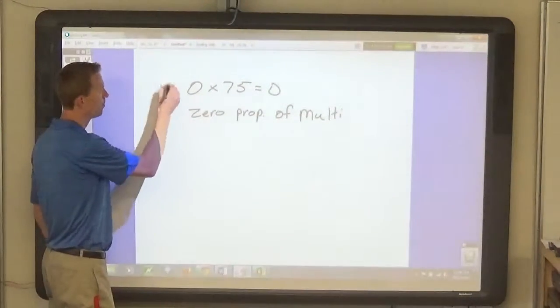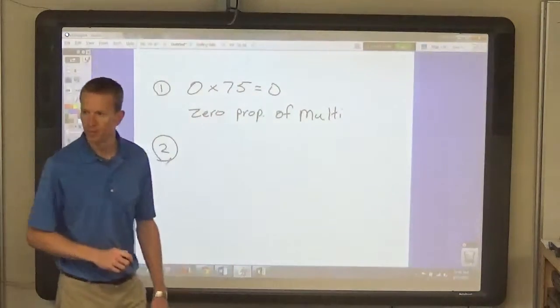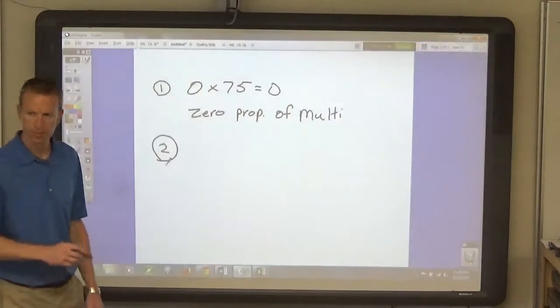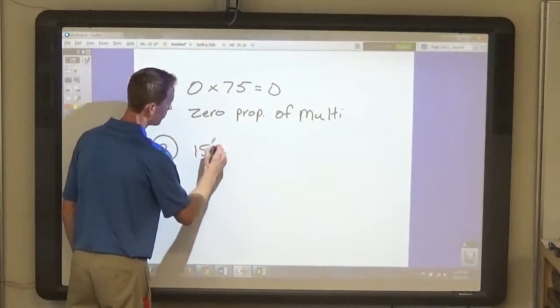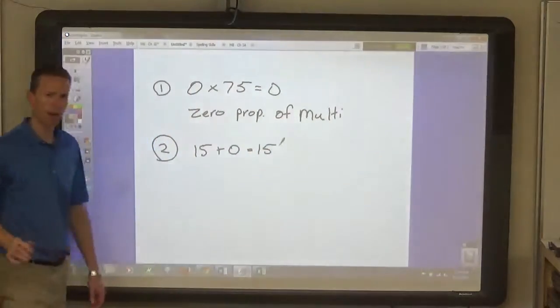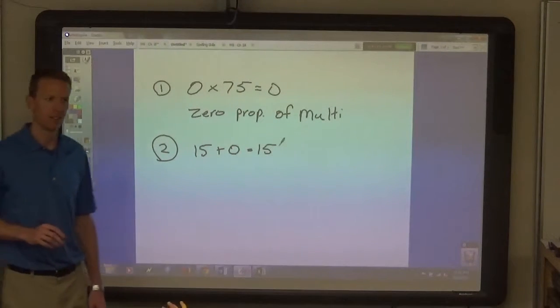Number 2. What's number 2? Roy? Identitative? What is the question? Oh. 15 plus 0 equals 15. 15 plus 0 equals 15. What property is that? Abigail?